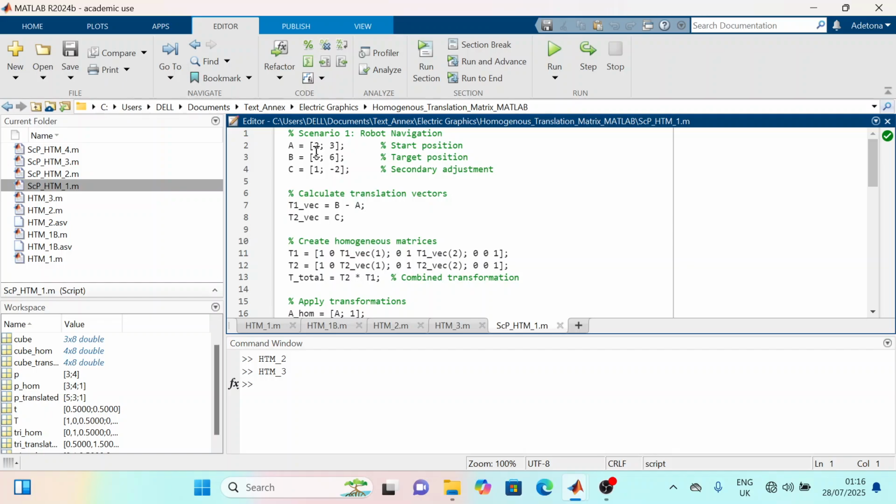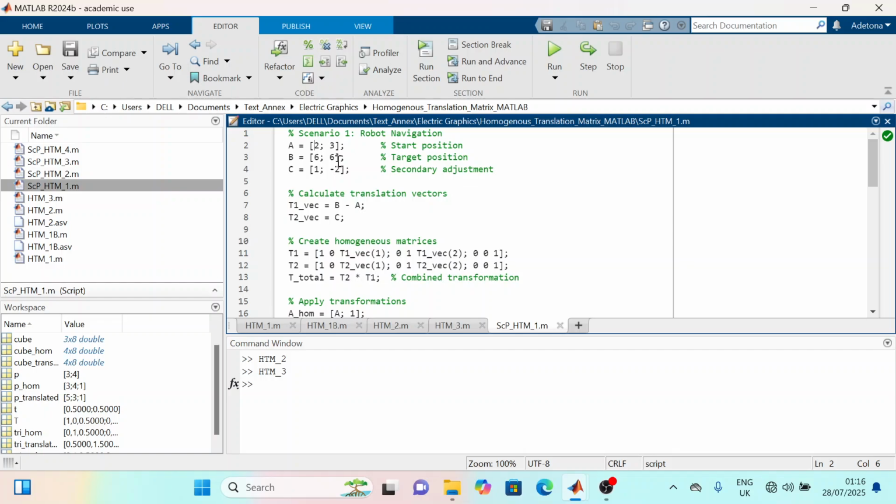the robot initially. But thereafter, they told us that the targeted position is B, which is 6, 6, and I've just used 6, 6 here.